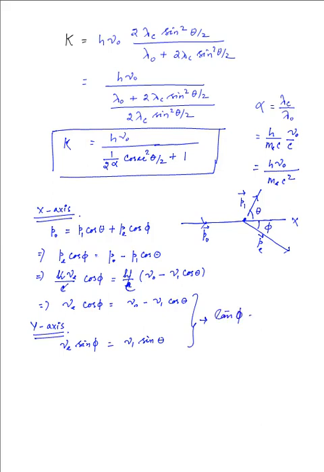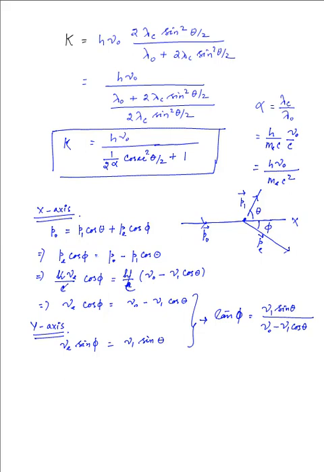The nu e cancels out, and sine phi over cosine phi is going to give us tangent of phi, and the top will go as nu 1 sine theta divided by nu naught minus nu 1 cosine theta. So now we have the angle. In this case the angle is tan phi, and that is equal to that value that we have over there.